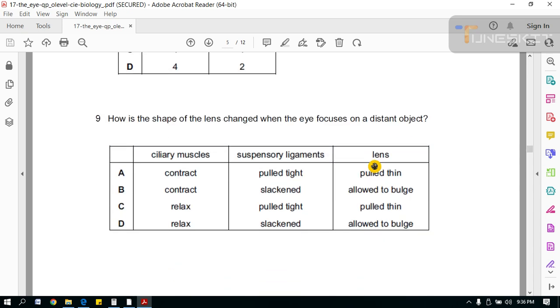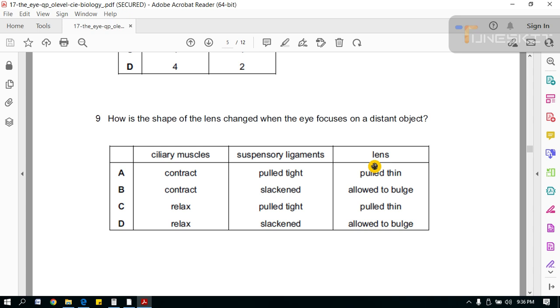How is the shape of the lens changed when the eye focuses on a distant object?